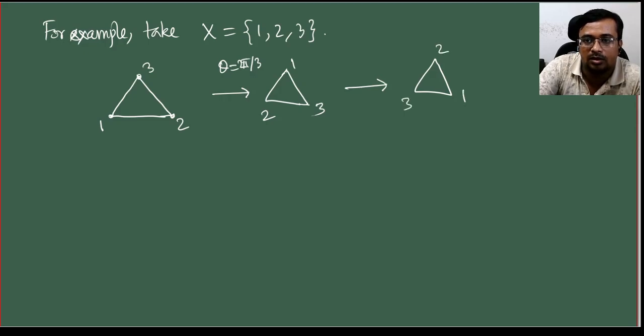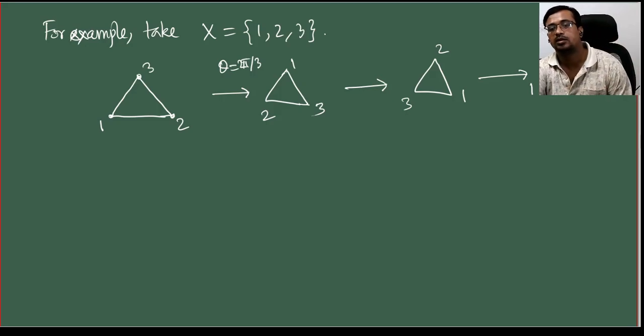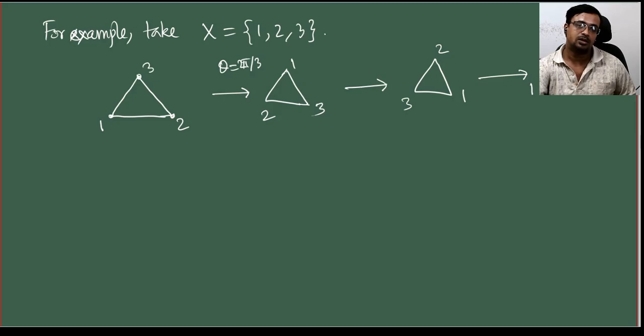And if you apply the same theta once again, you get back to the previous position. So if I apply theta once, I get this one, and the second time, and the third time, I get back this one. Therefore, this rotation has the property that its composition 3 times gives the identity element, right?